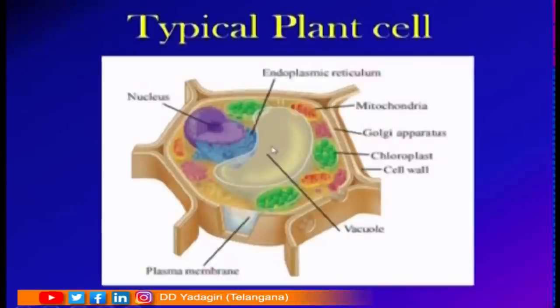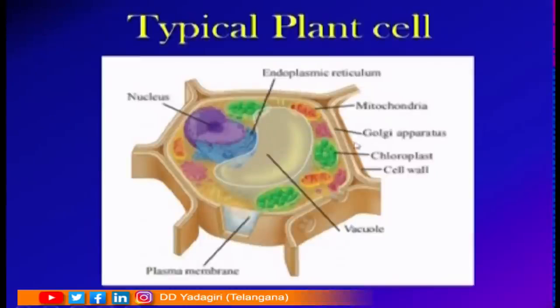We also can see a vacuole here. This vacuole is present only in the plant cell. This vacuole is very large. This determines the age of the cell. That means in a newly formed cell, this vacuole is small, whereas as it grows older and older, the vacuole becomes bigger and bigger.